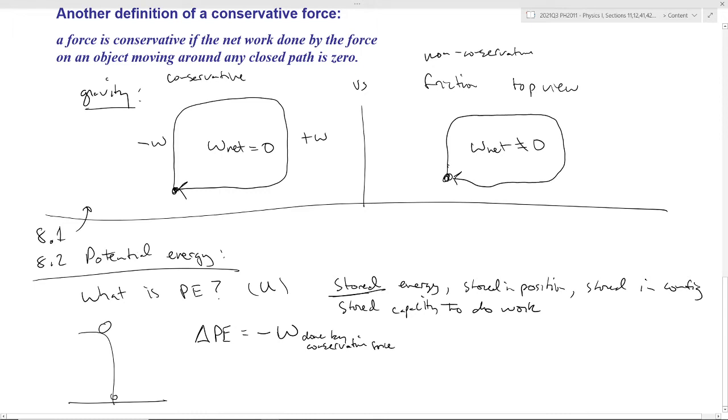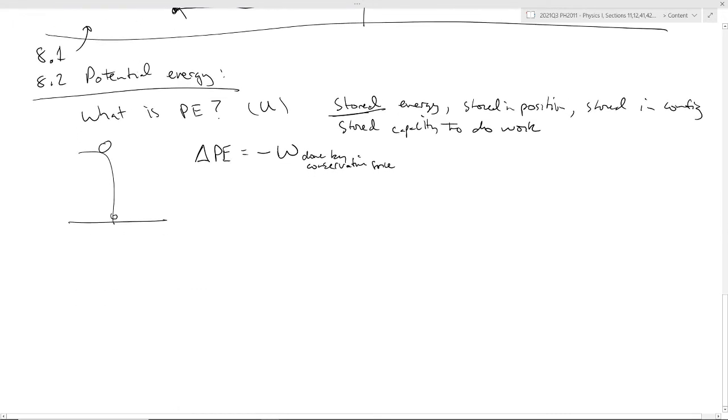So with our gravity example here, this is in general F dot dl. Let's put our forces in here. The force of gravity points down. Our displacement vector would be pointed up, just up some height h.